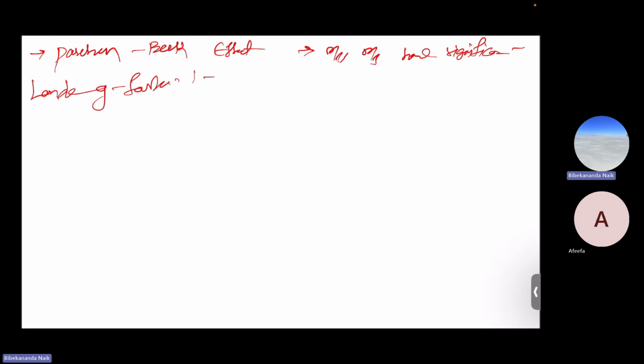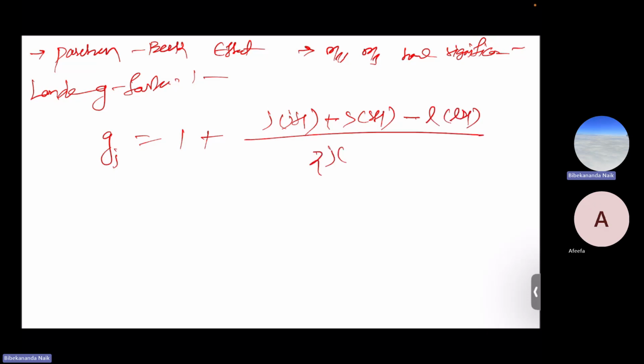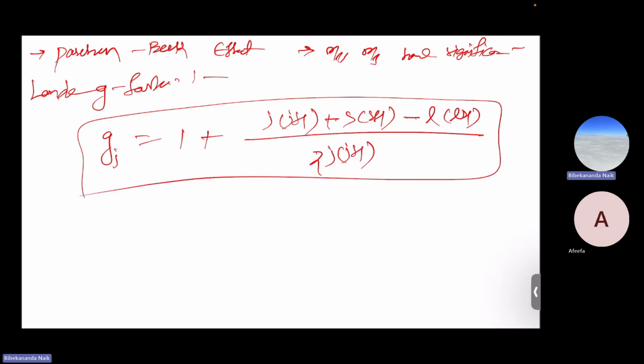The value of the Landé g factor, gJ, was 1 plus [J(J+1) plus S(S+1) minus L(L+1)] divided by 2J(J+1). We also solved a few problems related to it. If a label 2S+1 LJ is given, we can find S, L and J, and then calculate the Landé g factor for that label.